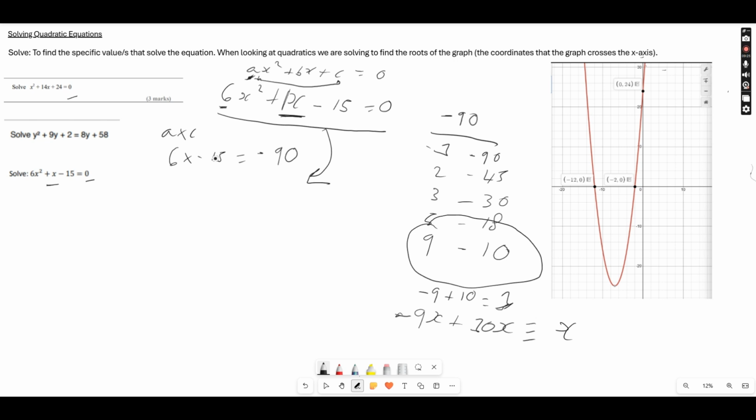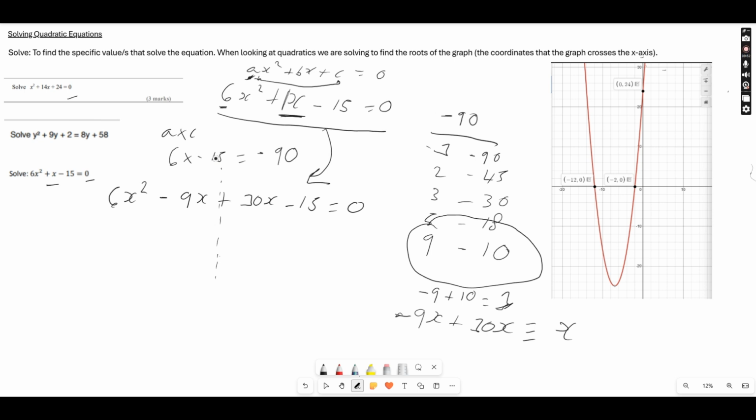So we can rewrite this in a longer way: 6x squared minus 9x plus 10x minus 15 equals 0. Pop a line down the middle, so we've got two different sides to it, and then we're going to factor each side.